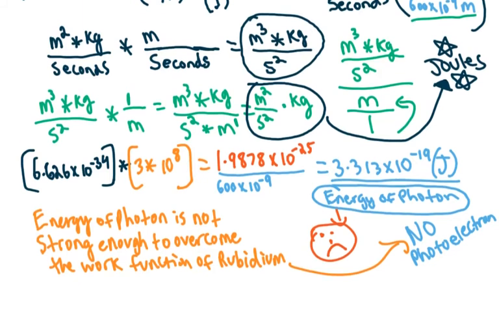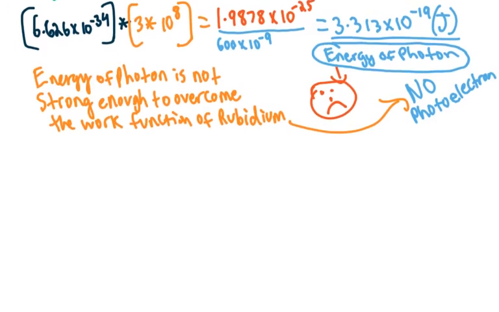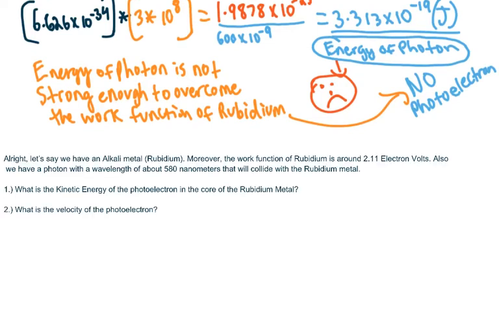All right, so let's look at an example that involves a photoelectron, an electron that's actually freed. Let me go ahead and pull up an example of that. And here we are.